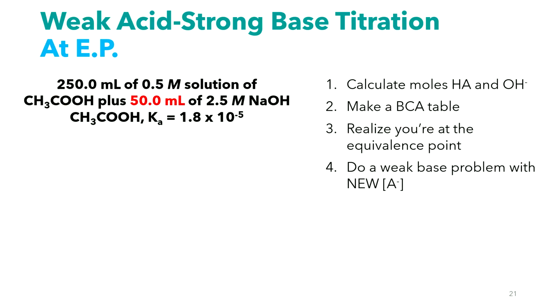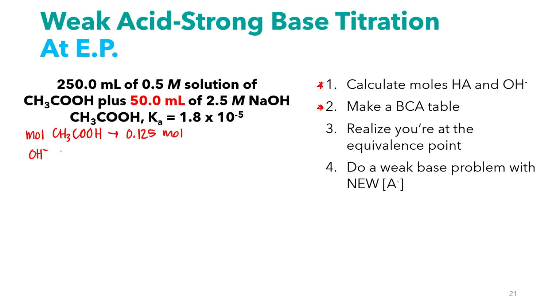Now at 50 mils, again, it's the same process where we calculate our moles and put it into a BCA table, but this time we're going to see that the moles are equal, and you'll realize, I'm at the equivalence point. So let's do that for ourselves here. Our moles of acetic acid haven't changed. It's still 250 mils of 0.5 molar, so that was our 0.125.